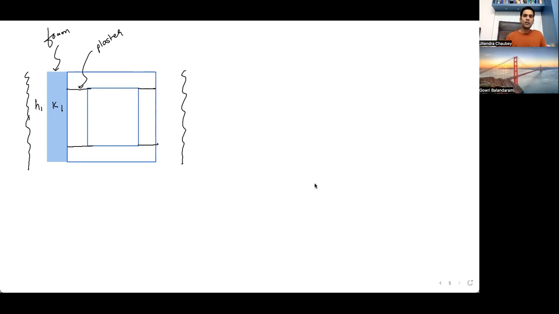What we will do is, we will divide it vertically. I will draw a line from this end to this end, and then from this end to this end. Then it will be like air, foam, plaster, like 3 in series. After that, these are like 3 layers in parallel.